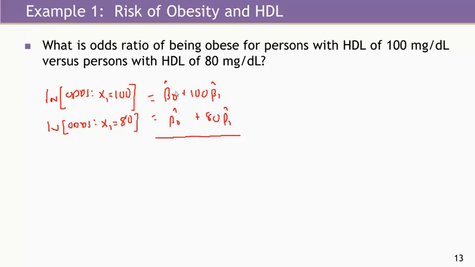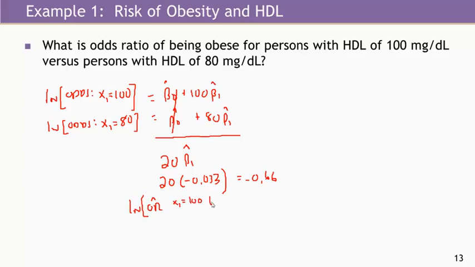If we take that difference, we get 20 times the slope, or 20 times negative 0.033, which is negative 0.66. This estimates the log odds ratio of obesity for x1 equals 100 to x1 equals 80.